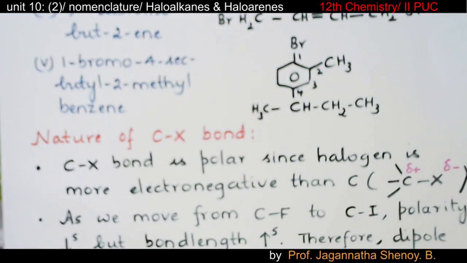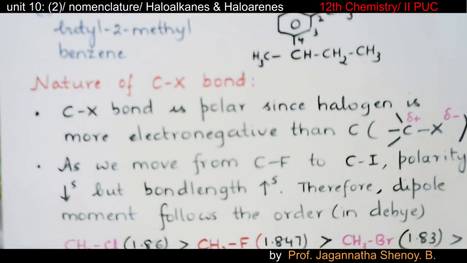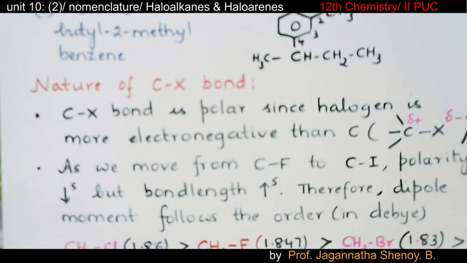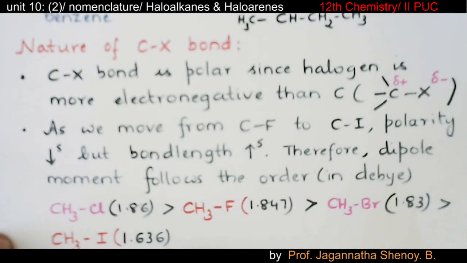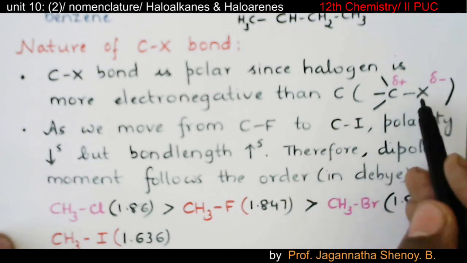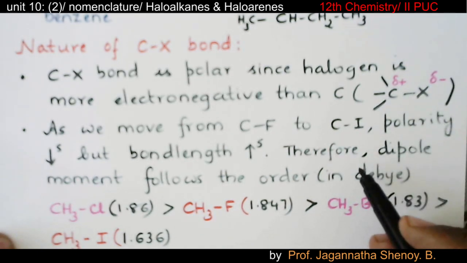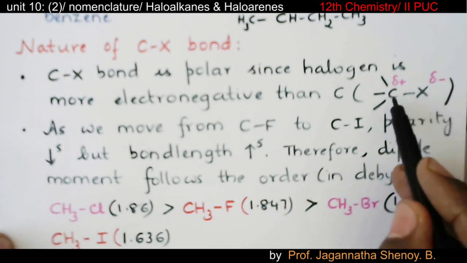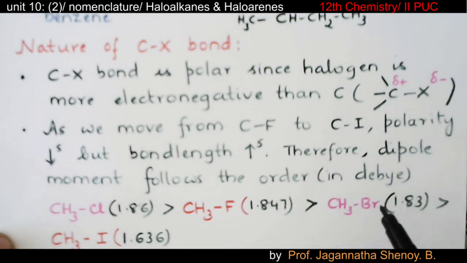So once you are clear with common nomenclature and IUPAC nomenclature, we will study the nature of the C-X bond. You know, in haloalkanes or haloarenes, this C-X bond is polar. What is the reason? It's because the halogen atom is more electronegative than carbon.